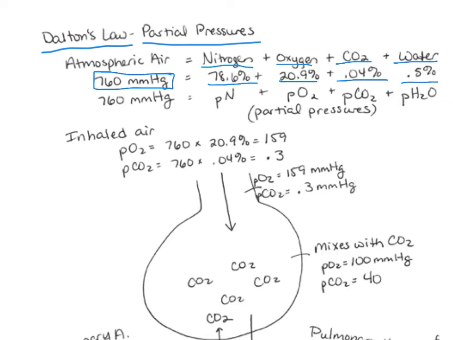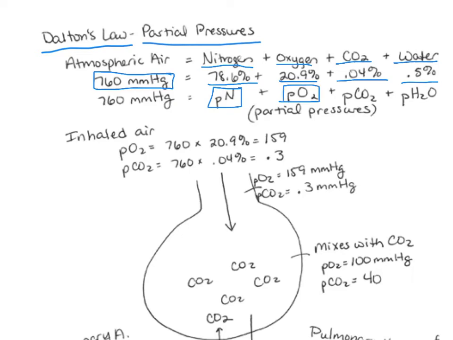So nitrogen, for example, the partial pressure of nitrogen would be 78.6% of 760 millimeters of mercury. Now, we don't talk a lot about nitrogen because our body is not using it, unless you're talking about decompression syndrome, where it gets trapped in your joints and then it causes a lot of pain. But we are going to talk about the partial pressure of oxygen.